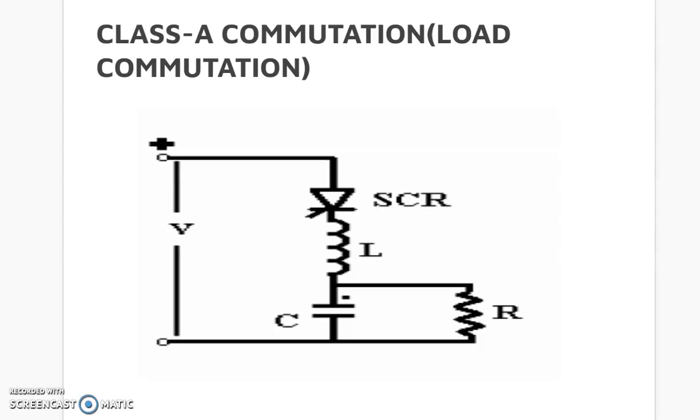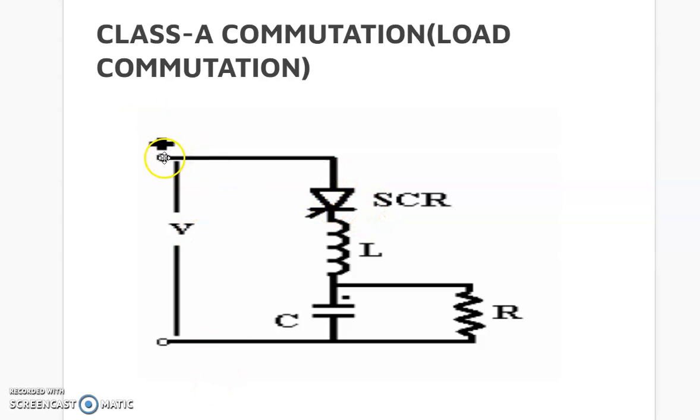In the next slide we will see different classes of commutation. The first class is class A commutation, also known as load commutation. This is the circuit diagram of the class A commutator. DC supply voltage is given across the SCR, with positive and negative terminals.